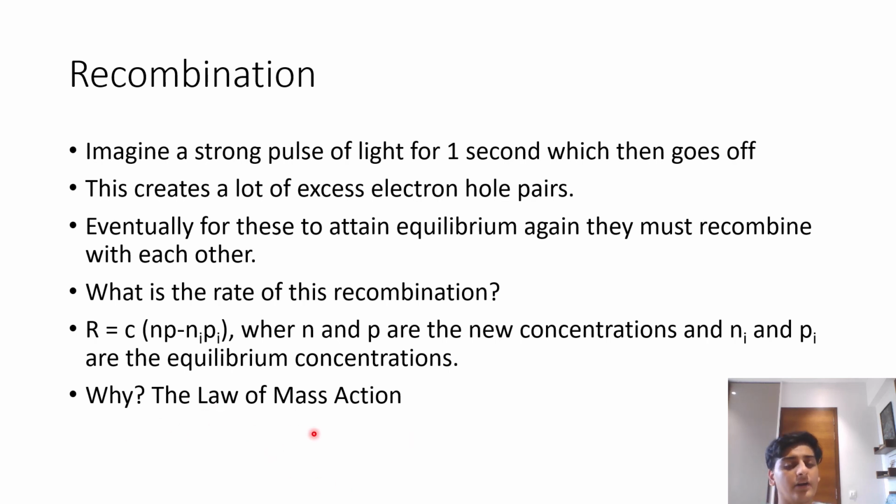So based on this argument of this law of mass action, we get this rate of recombination as some constant times np minus the product of np at equilibrium. So this is how we intuitively see the rate of recombination.